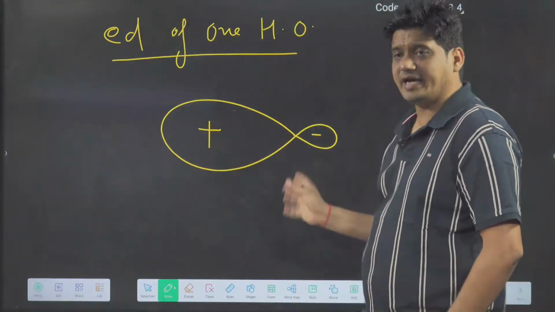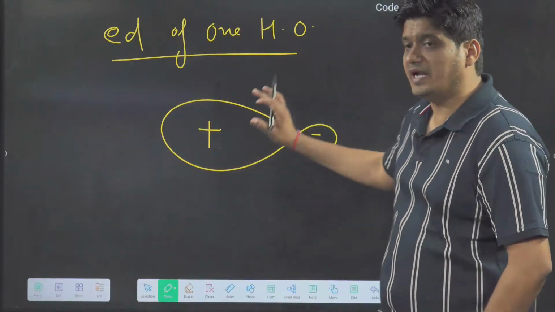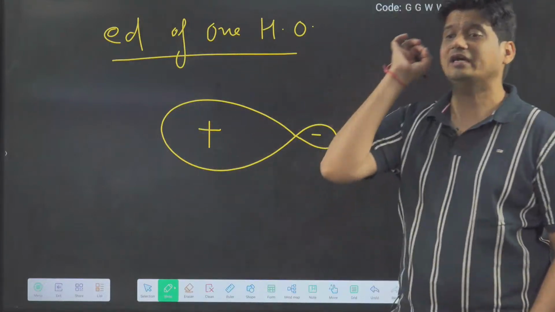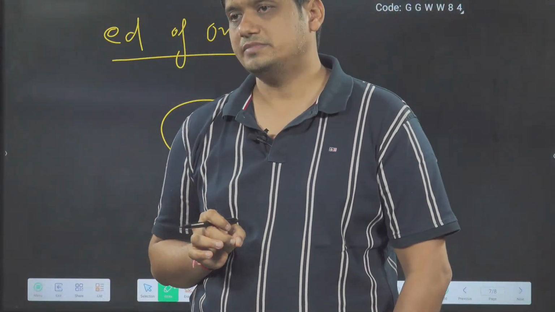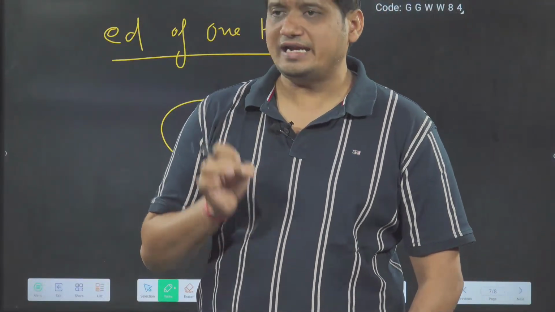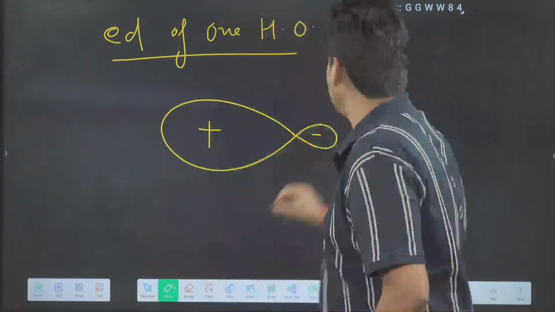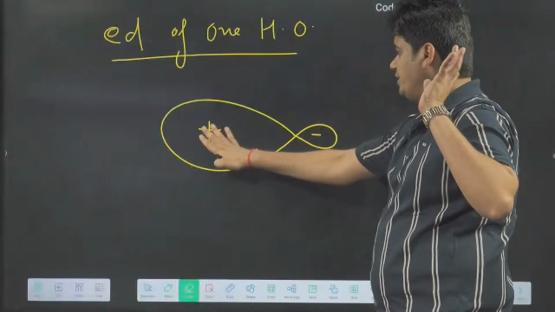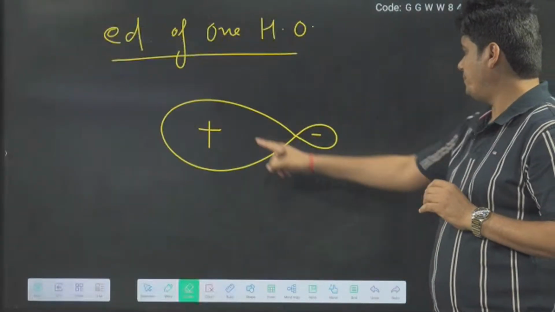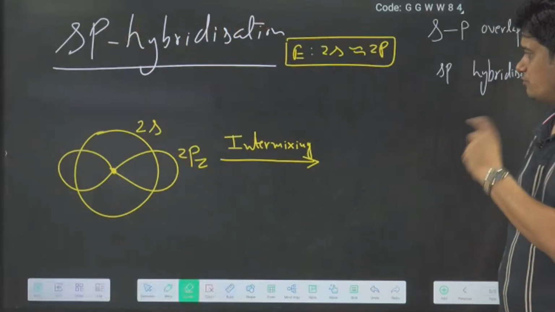Here the plus and minus signs are not related to charge. They are related to the amplitude of the wave. So one hybrid orbital means one big lobe with a plus sign and one small lobe with a minus sign.